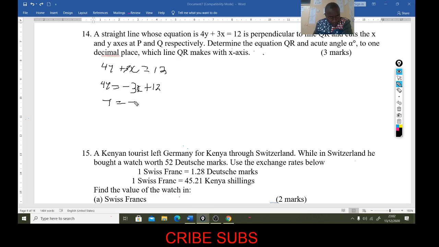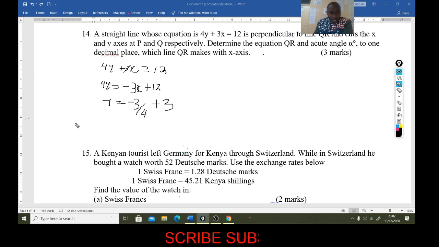x, then plus 12 over 4 is 3, so it is plus 3.